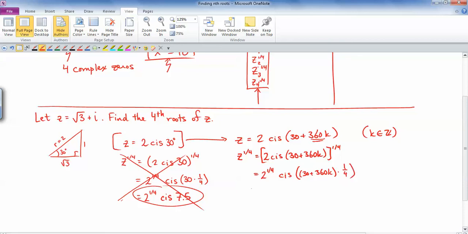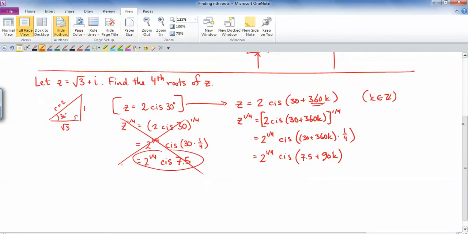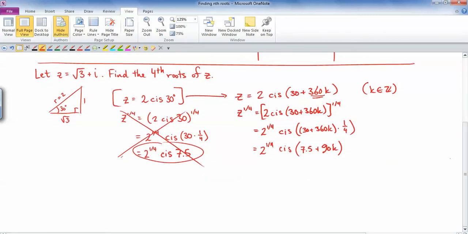Okay, so then let's simplify that a little bit. That's 2 to the 1/4 cis 30 times a fourth, which is 7.5, plus 360k times 1/4, which is 90k. So if we plug in different k's, we'll get different answers for z. So one of the z's to the 1/4 is going to be when k equals 0. So first let's plug it in.